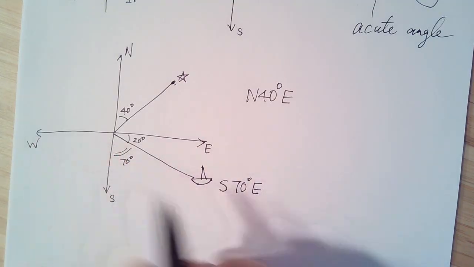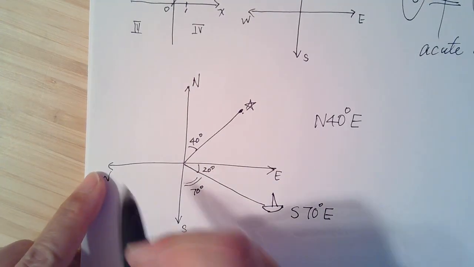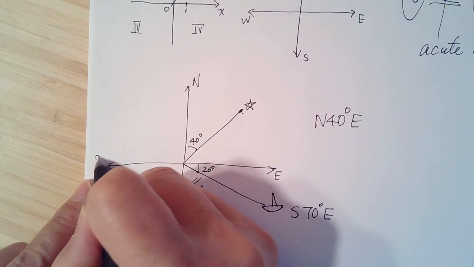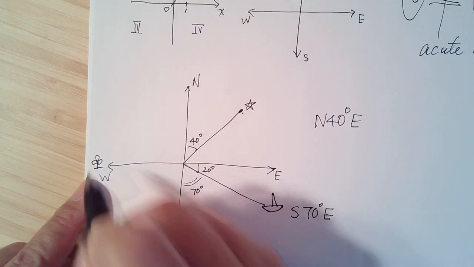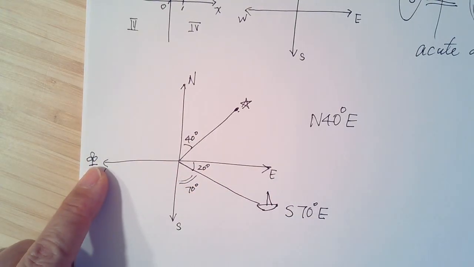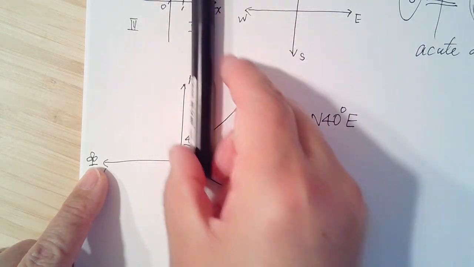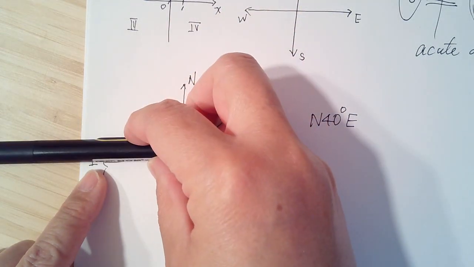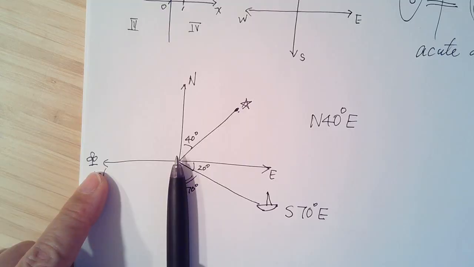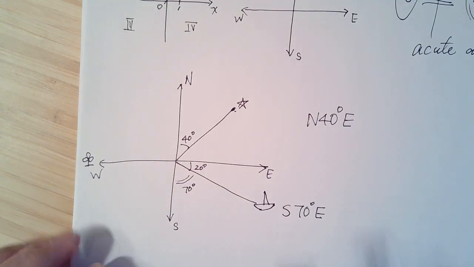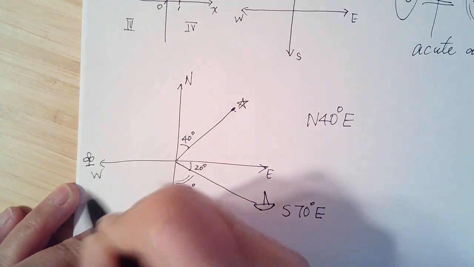Okay, what about the west? There's a flower here. How do you describe the direction starting from here? You can either move from north, go 90 degrees to west, or from south, 90 degrees to west. There are two ways to do that.